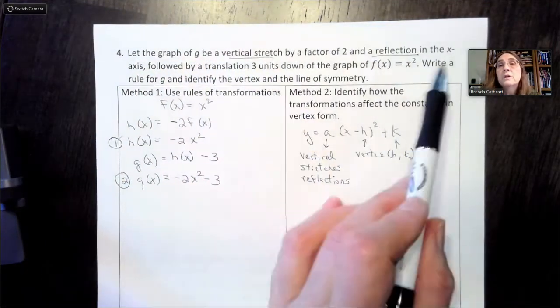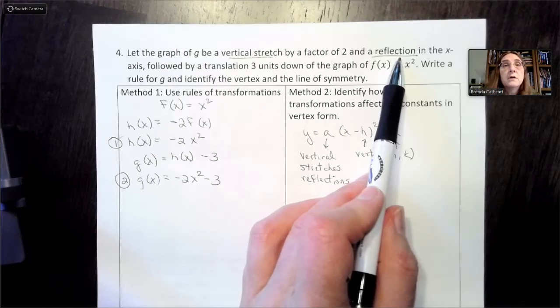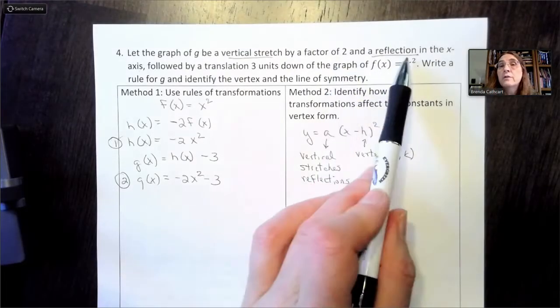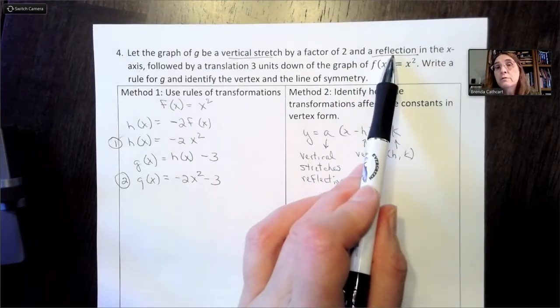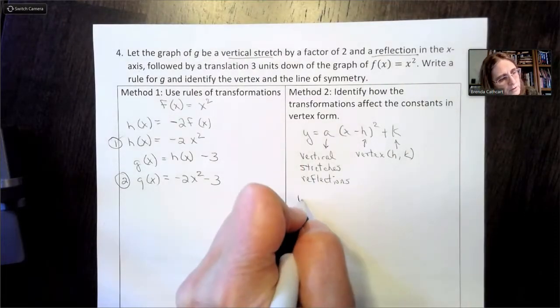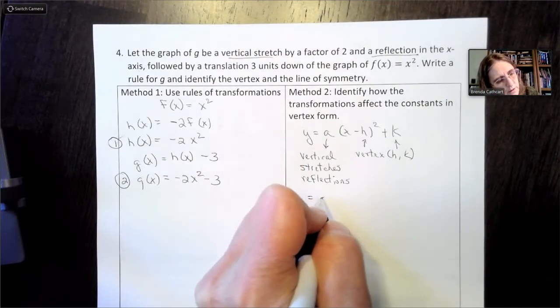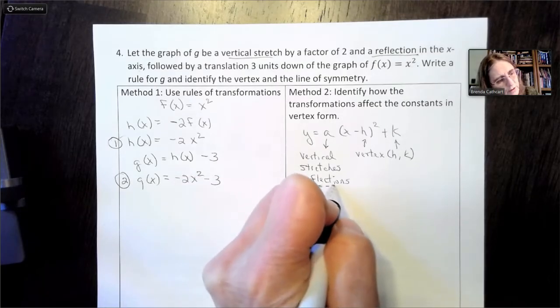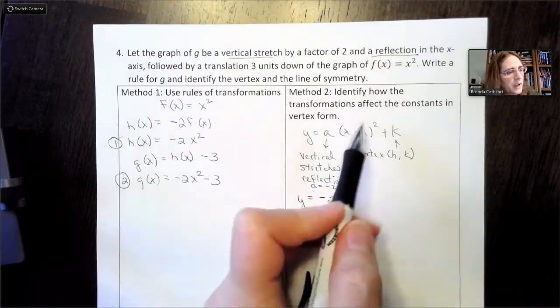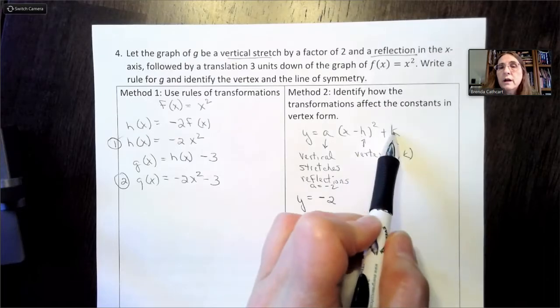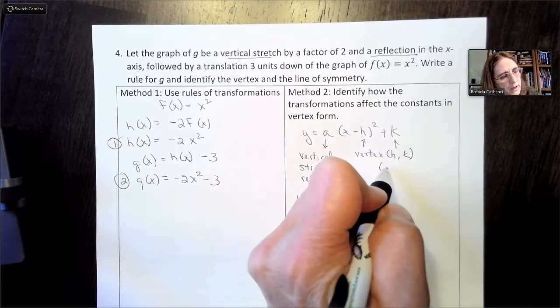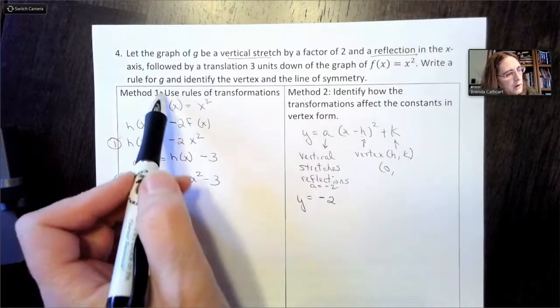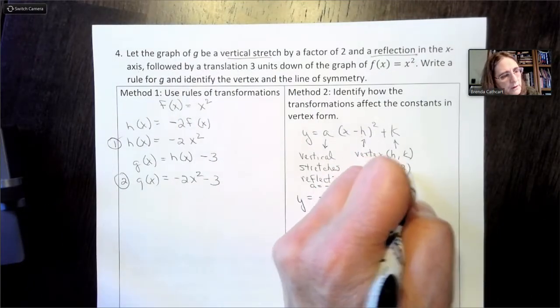We have our vertical stretch and reflection first by a factor of 2 with a reflection, so a negative. So our a becomes -2 because it's a reflection and a stretch. Our h was not changed at all. Our k was moved. So our h remained 0 and our k was -3.